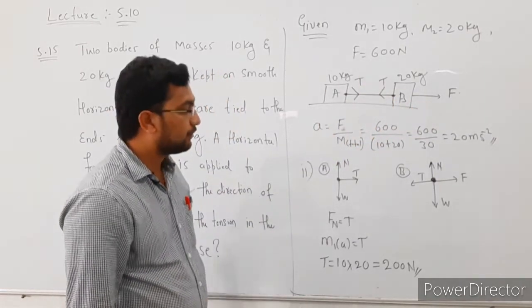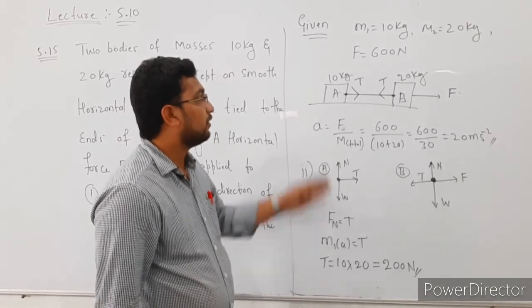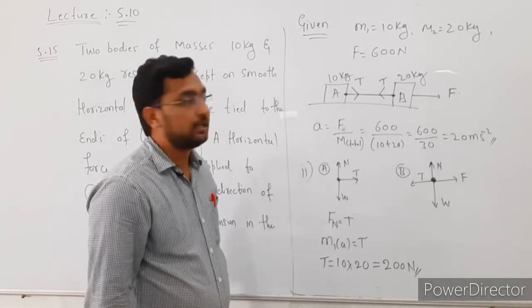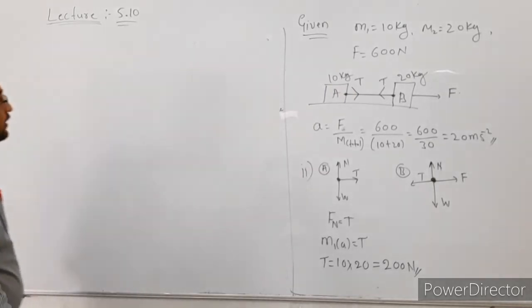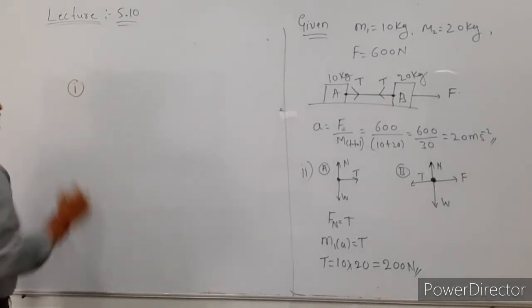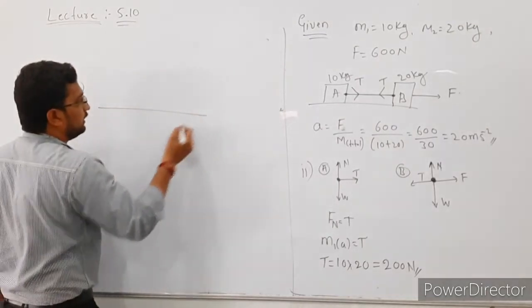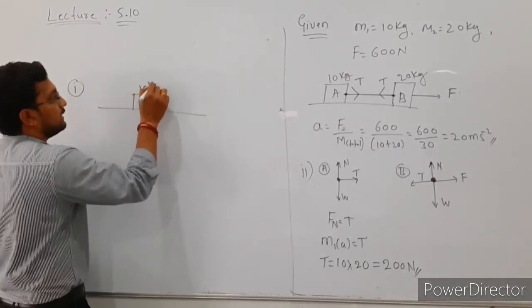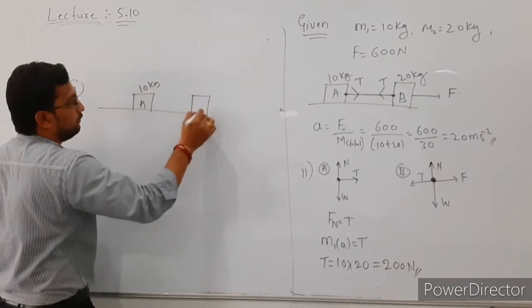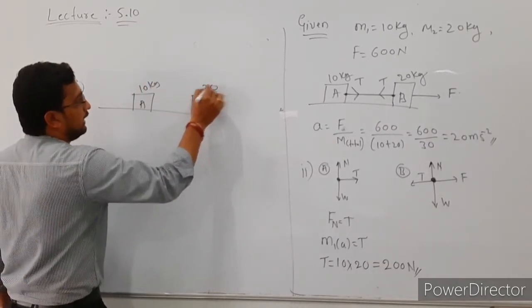Similarly, we are going to determine, if the same force is applied on the first body, what is the tension inside the string. We will redraw the diagram here. This is first body A, its mass is 10 kg, and this is second body B, its mass is 20 kg.